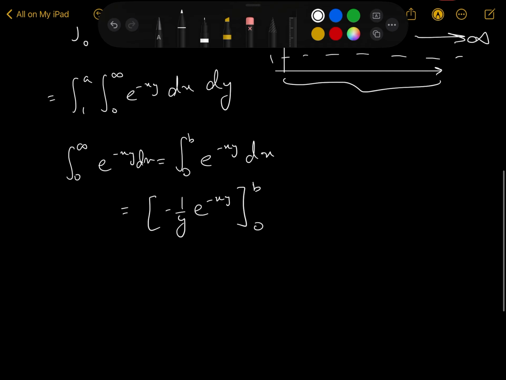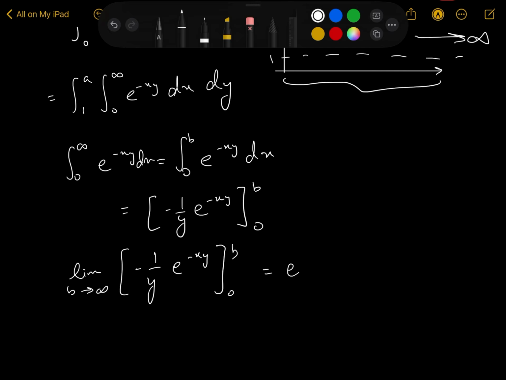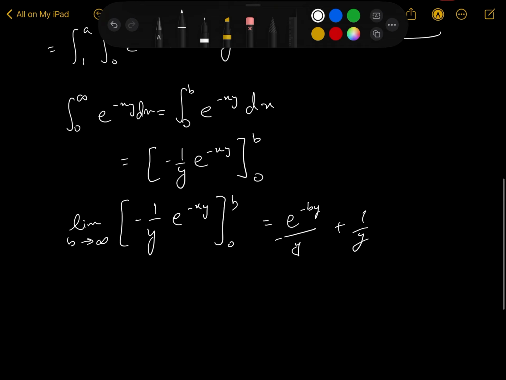And then if we take the limit as b goes to infinity of this expression, we get e to the minus by by y plus 1 by y. And as b goes to infinity, this is just going to be 1 over y, because e to the minus infinity is obviously going to go to 0.